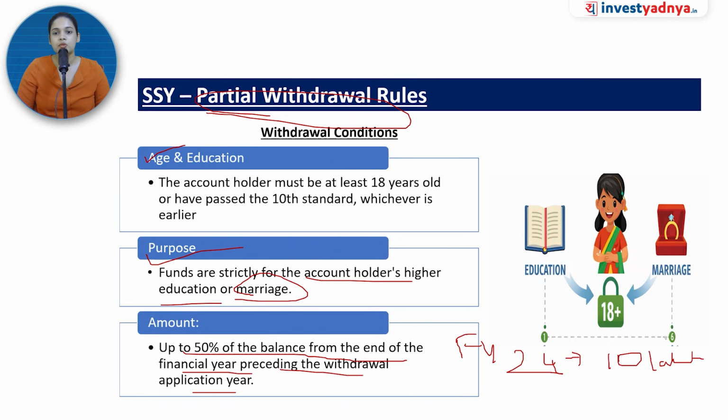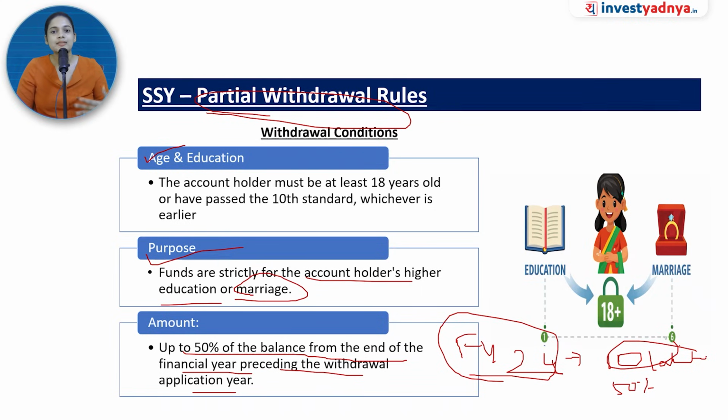The maximum you can withdraw is 50% of this 10 lakh. Even if the current account balance is higher than this 10 lakh, you can only withdraw based on what it was as on 31st March. That will be the amount of withdrawal.